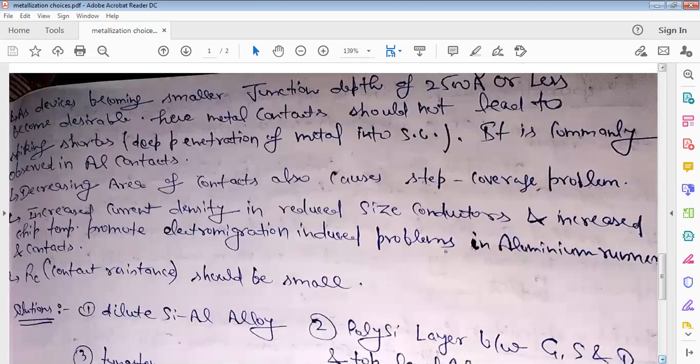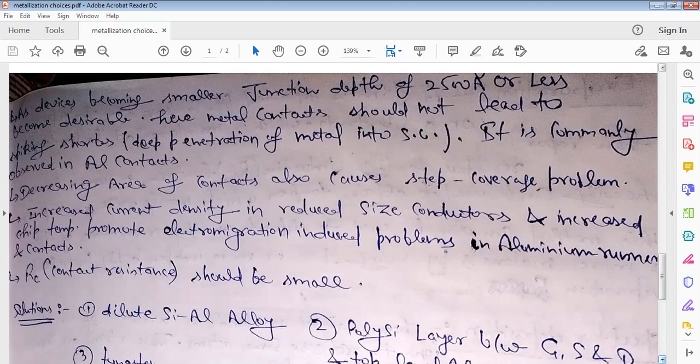Now there are some other problems associated with the metallization. Nowadays we know that in VLSI design, devices are becoming smaller and smaller. So with the reduction in the size of devices, obviously the size of junctions that are formed is also decreasing.